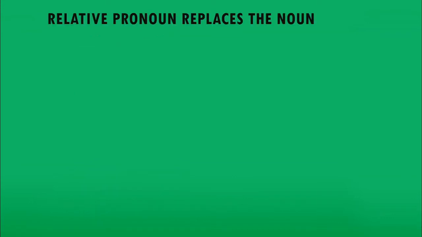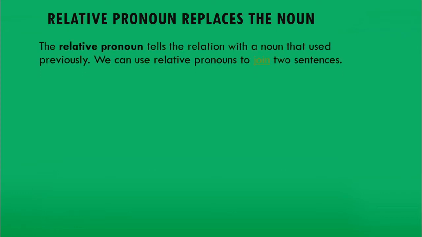A relative pronoun replaces the noun. The relative pronoun tells the relation with a noun that was used previously. We can use relative pronouns to join two sentences. Always remember that relative pronouns are similar to interrogative pronouns.